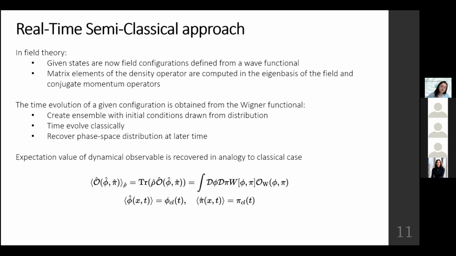And at a later time, you can recover the phase space distribution by averaging over an ensemble. So you would essentially be averaging over the Wigner distribution. And this is the expression of what an observable looks like in this framework. So here, when we're averaging, for example, the field and the momentum at later times, what we obtain is their classical expectation value. This is a generalized case of the Ehrenfest theorem in quantum mechanics.